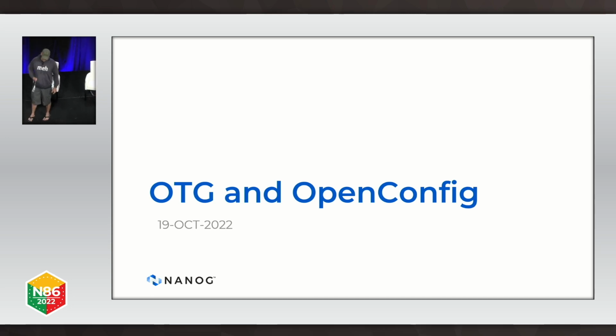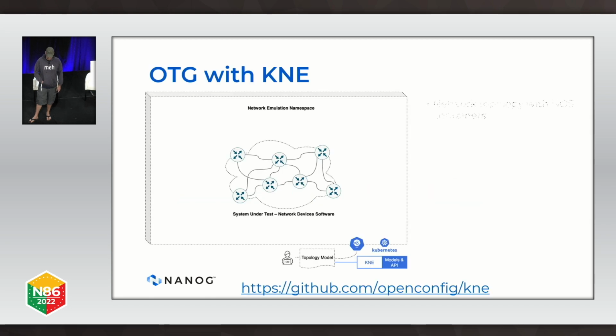Howdy, everybody. So I'm going to talk to you today just briefly on some specific use cases that we have been using OTG for in Google testing. One of our main use cases that we are really interested in solving is having a network emulation that can emulate our various vendor types in a virtual environment.